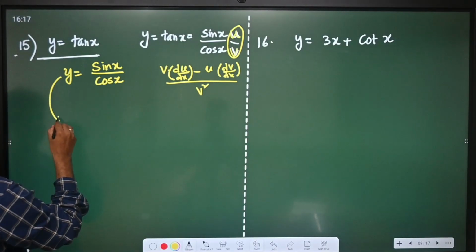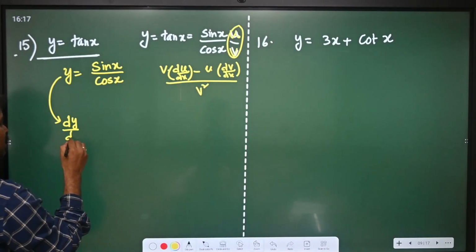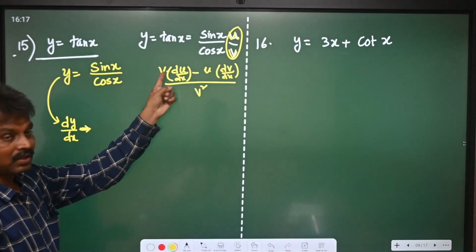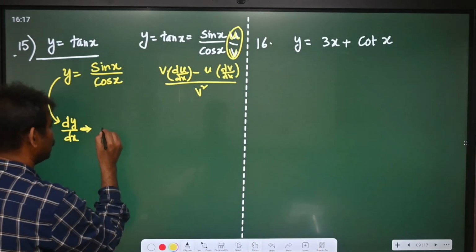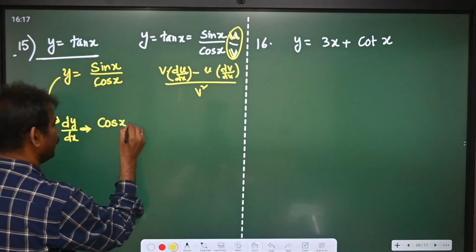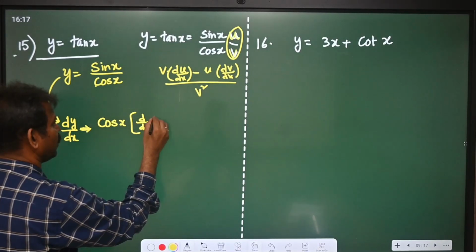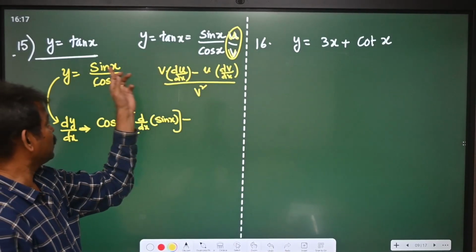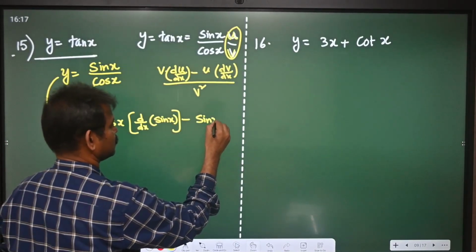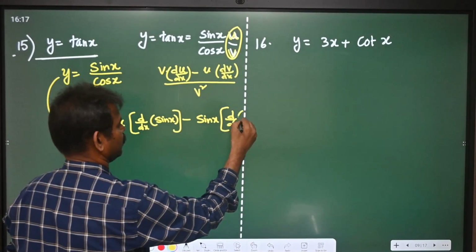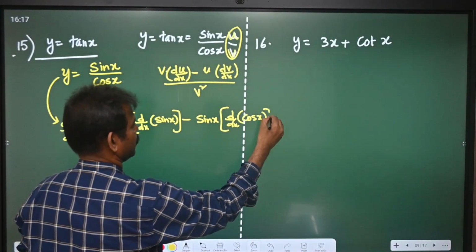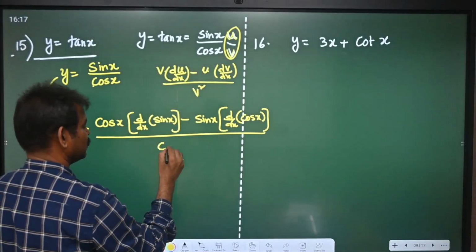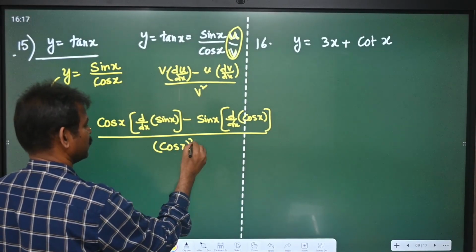So now directly I am writing dy by dx as first v, that is the denominator. In the denominator we have cos x, so I am writing cos x times the derivative of the numerator sin x, minus the numerator sin x times the derivative of the denominator, divided by v square, which is cos x whole square.